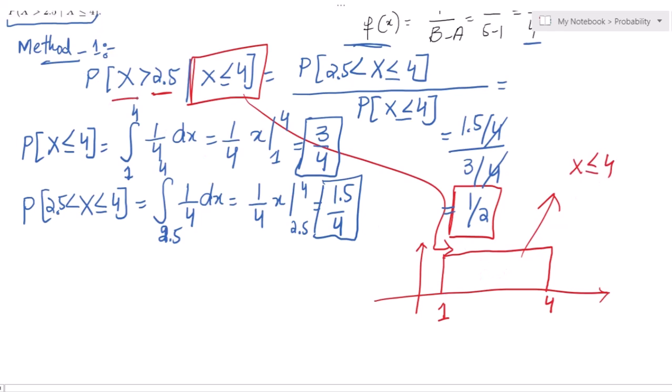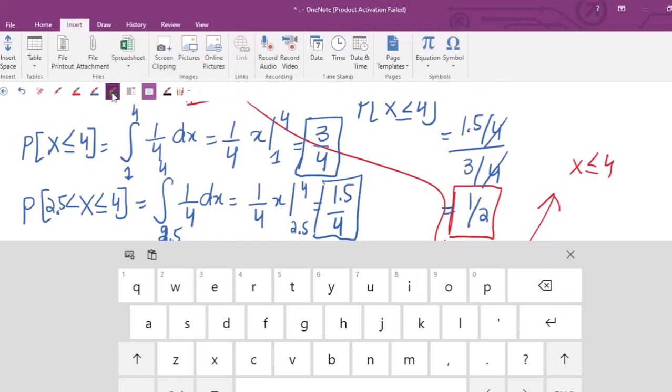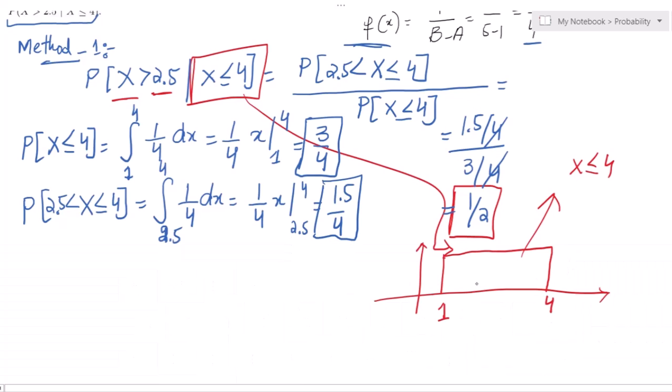Similarly, according to the other condition, x is greater than 2.5, so it should be confined between 2.5 and 4. These are the two areas. This one is the first, let me call it A, and this one is B.